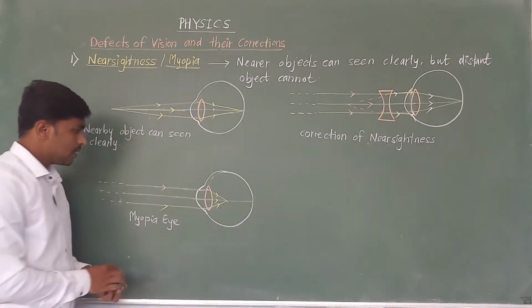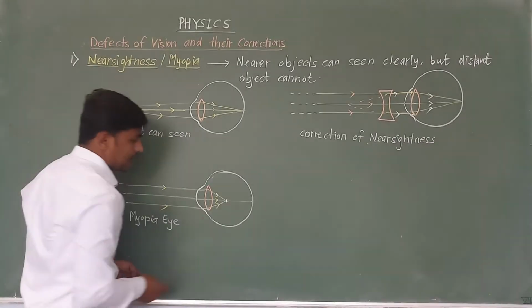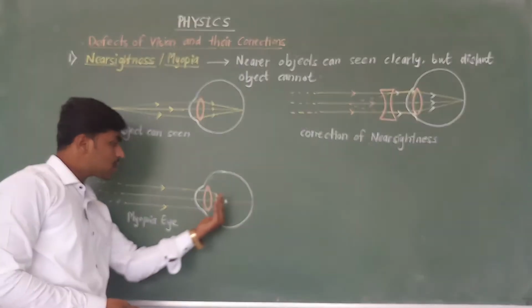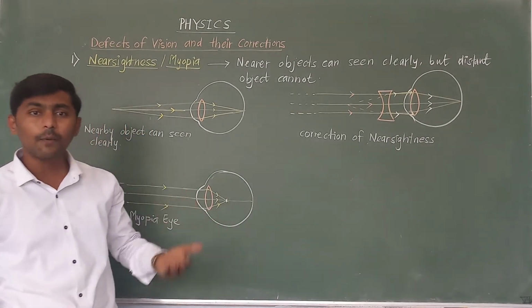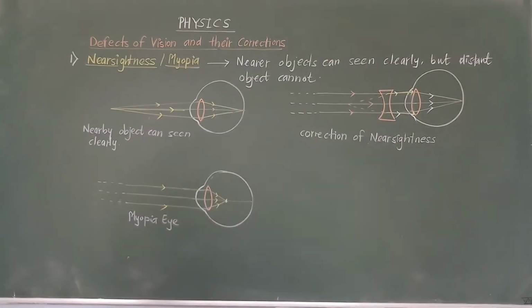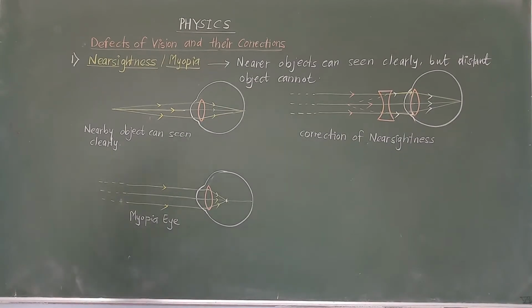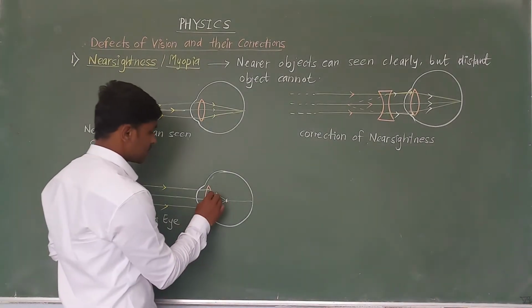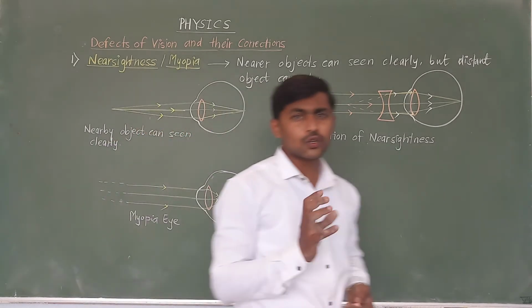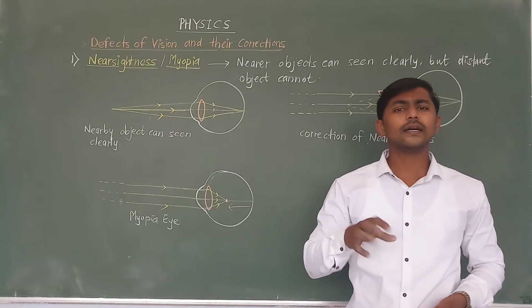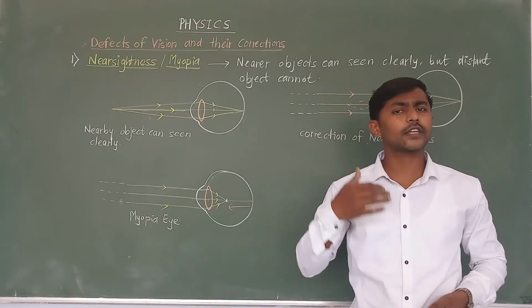But what happens? This far point is coming closer to this eye, from this to this side. So we cannot see distant or far objects clearly.